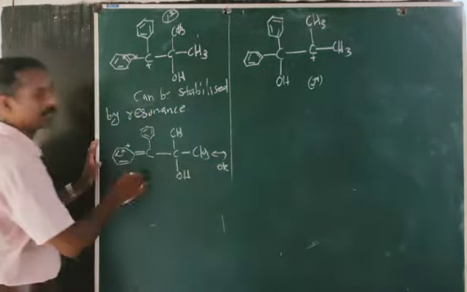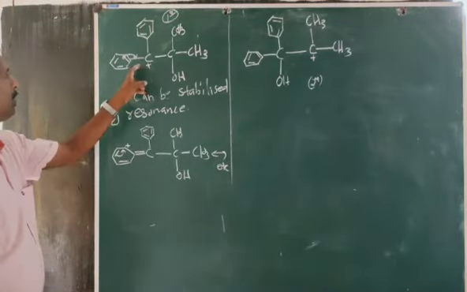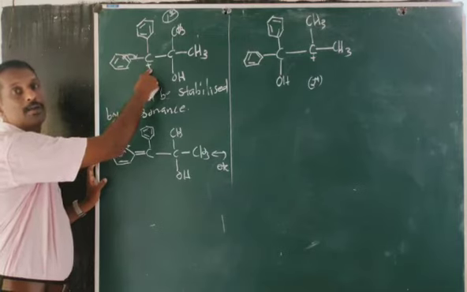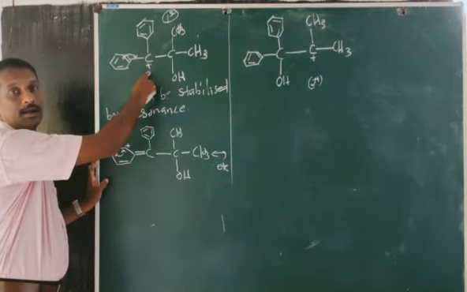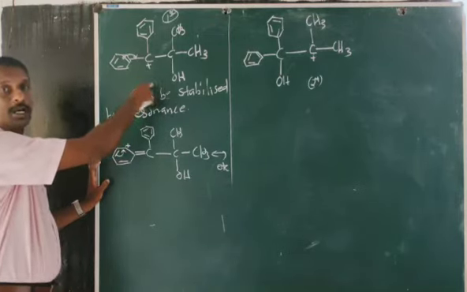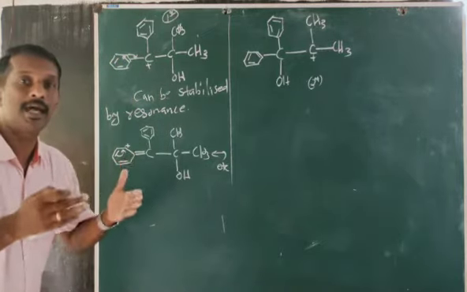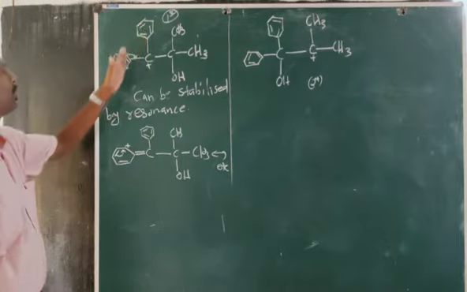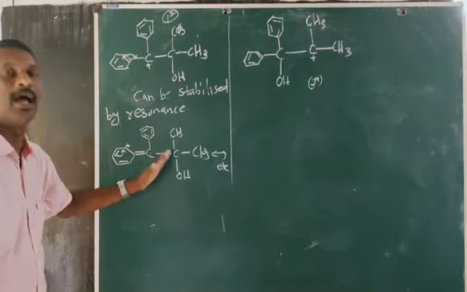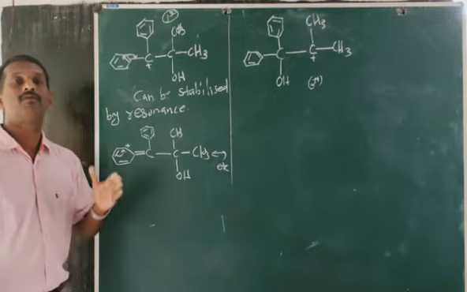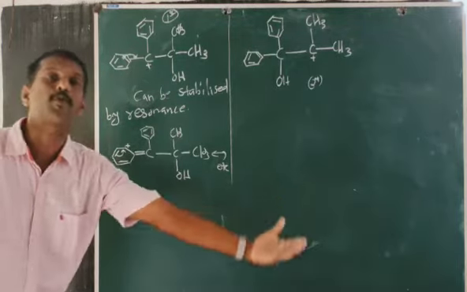The resonance is continuing. That means you can see that by resonance, the positive charge on this carbon is reduced, or this carbocation is stabilized by resonance due to the presence of the phenyl group, and a more stable carbocation will produce the major product.